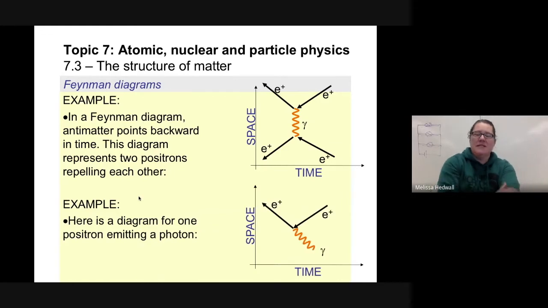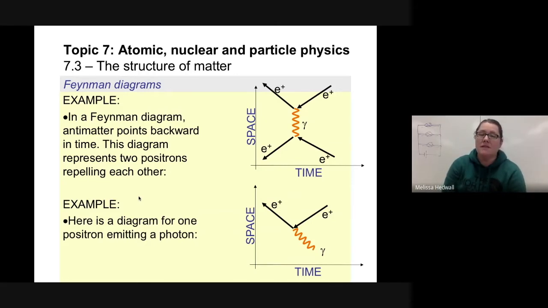Another example, we had talked about that electron emitting a photon. This would be that same diagram, but instead of an electron, it's an anti-electron, a positron, and it would look like this. Again, as time is going by, time is still traveling from the left to the right.